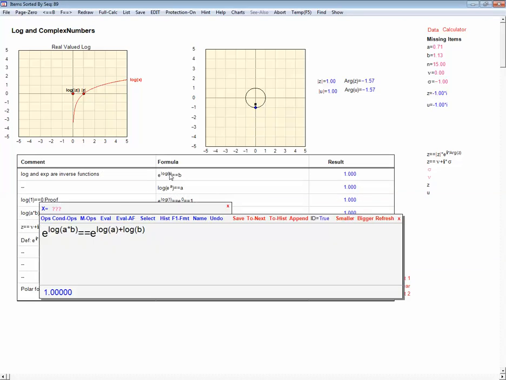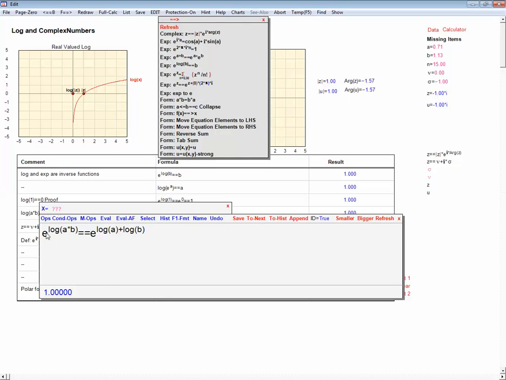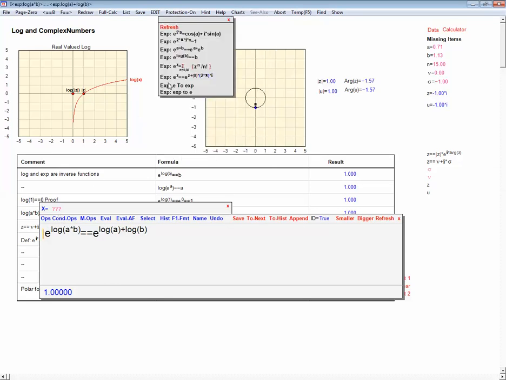We know using this top identity that e to the log AB is just AB, A times B. So let's use that identity, and we have all these facts saved up here. So here it is, e to the log of B equals B. So that's going to simplify that side to AB.